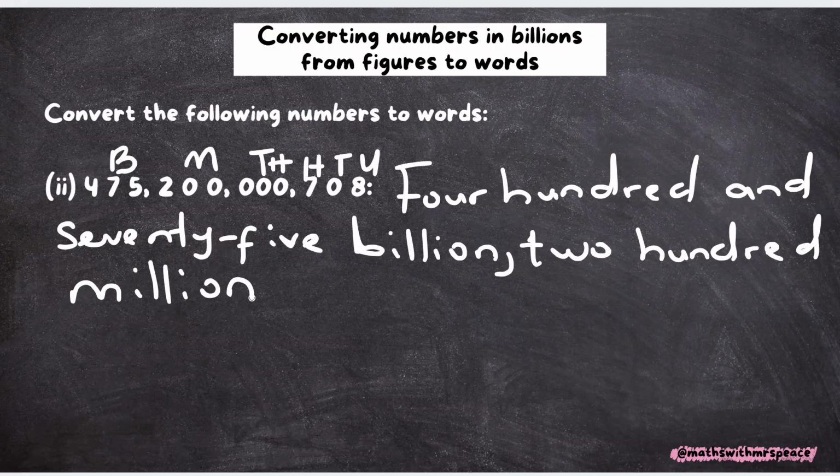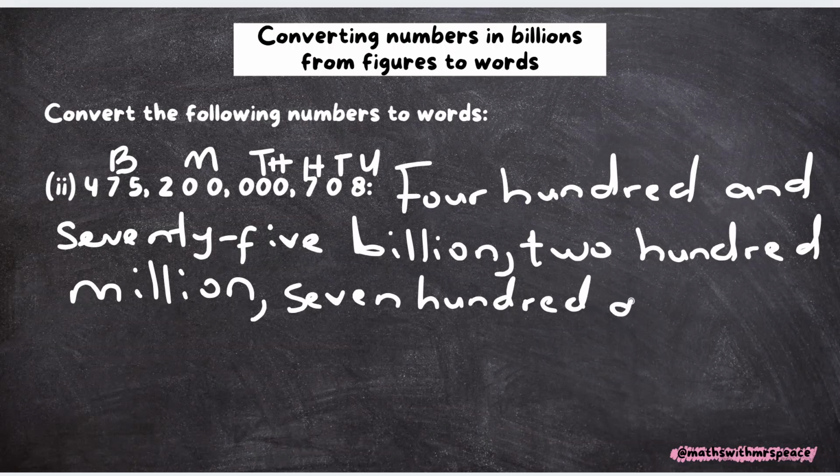Now you will notice that in the place value where thousand is supposed to be represented, we have 0, 0, 0. It means in writing this number in words, we're not going to have thousand here, because they are all zeros. So we're just going to go ahead and write 700 and 8.